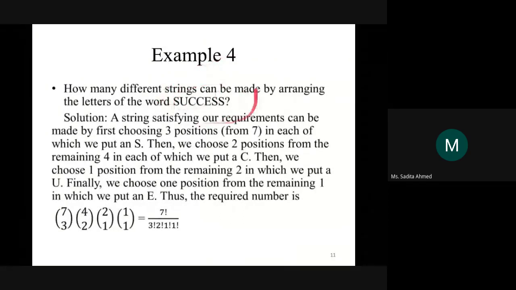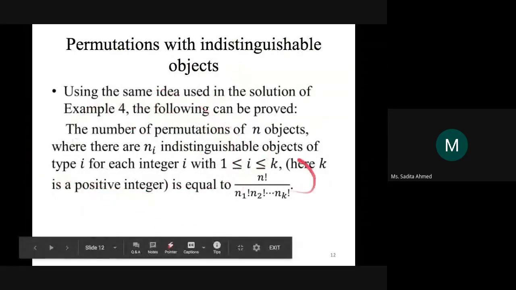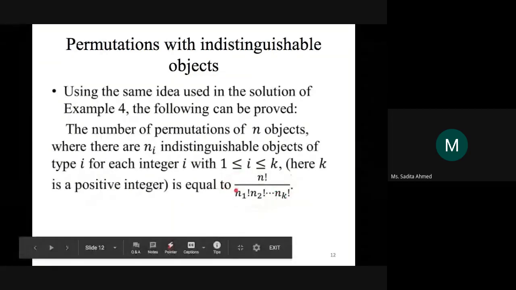Whenever you have to count the permutations, but with indistinguishable objects, you have to see if it fits this format and then use the specific formula for that. Does it make sense, guys? Is it clear? Yes, ma'am. All right. So hopefully if this definition is clear, then any problem that falls under this definition, you can use this method to count whatever you're asked to count in that problem.